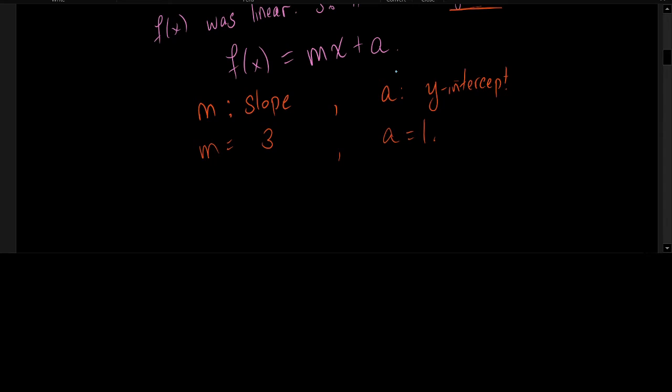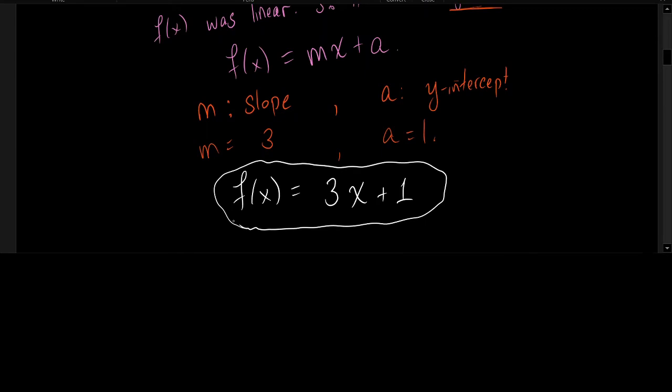Slope of 3, y-intercept of 1. So, if we fill in the blanks, here is our formula. The function's formula is 3 times x, slope times x, plus 1, plus the y-intercept. This would be the formula for the function that is being described in this table.